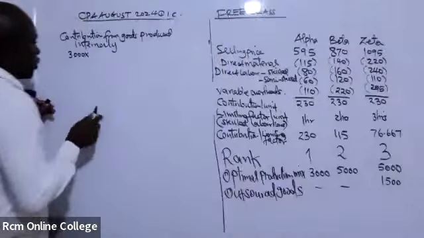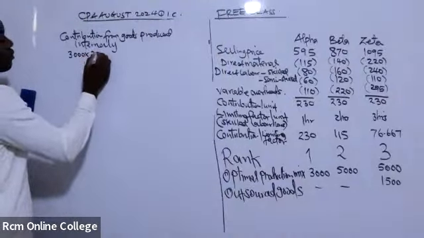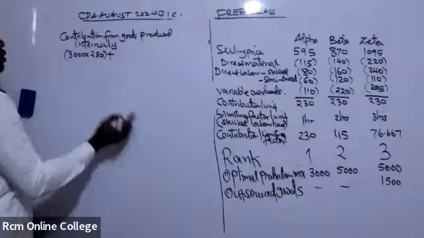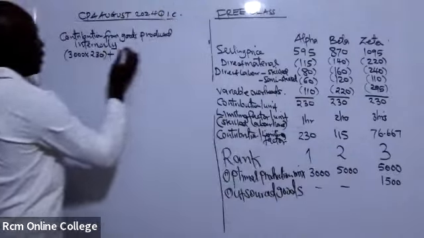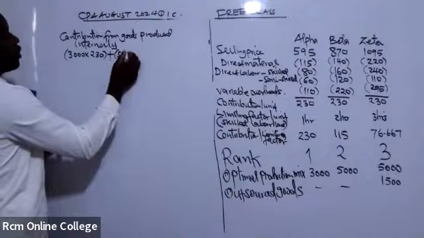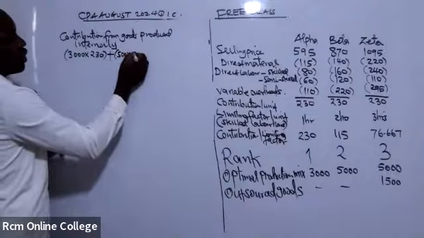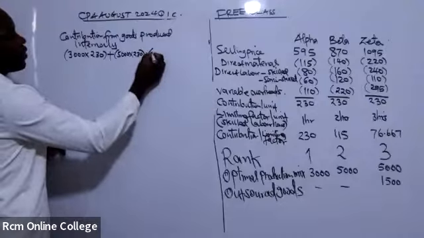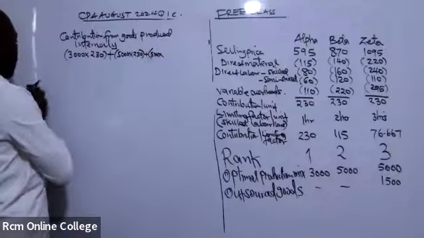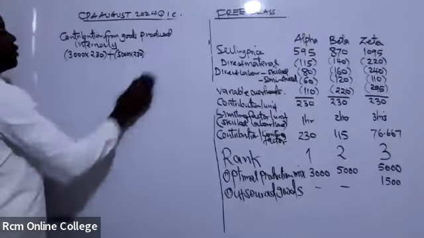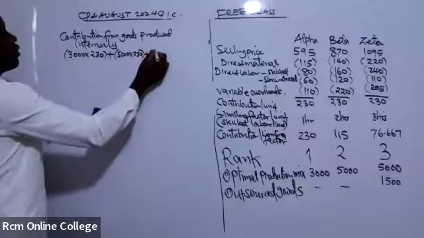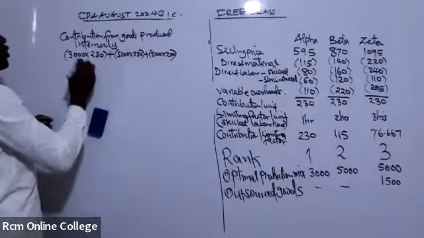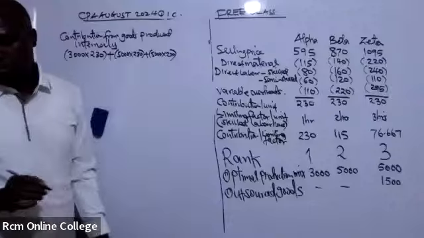That's why I'm now taking 3,000 times 230, plus 5,000 units times 230 again, that is the contribution per unit, plus how many units of zeta? 5,000 units of zeta, times contribution 230. What is the total contribution from the goods that were produced internally?